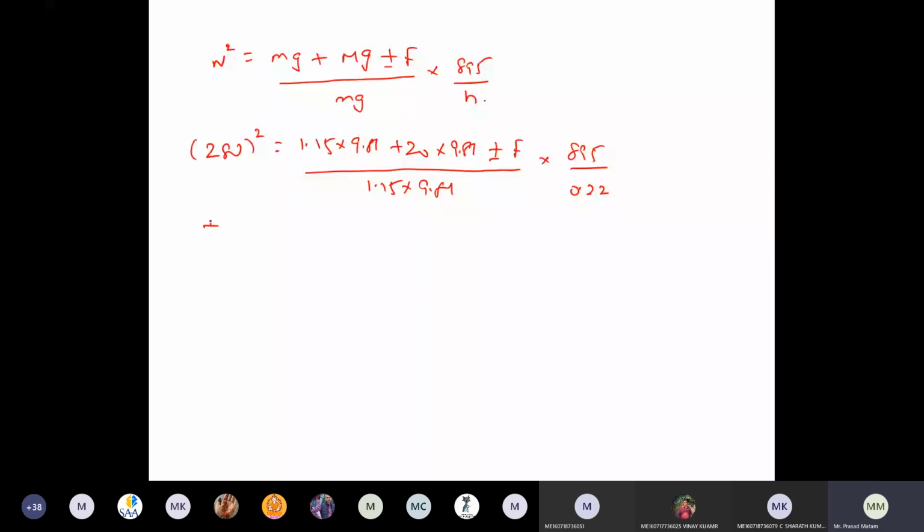So from this, try to find out the friction value. Take plus or minus F outside. What is the answer we are getting on solving this total value? Plus or minus F is equal to... Try to find out the friction force. Yes, students.